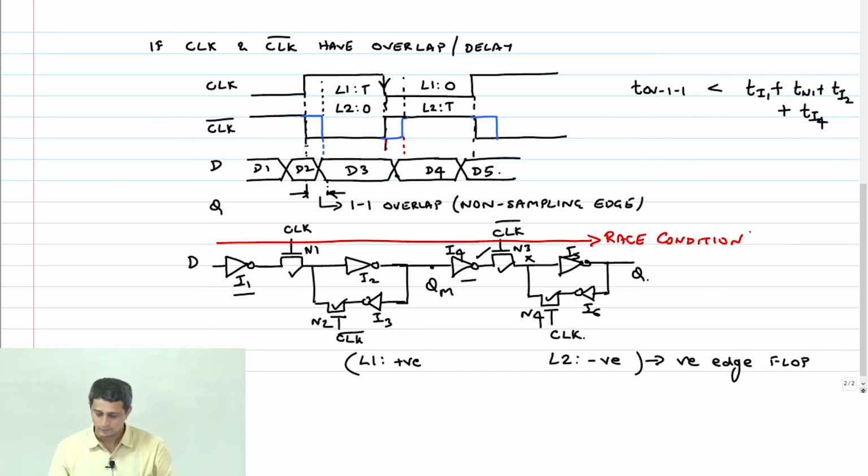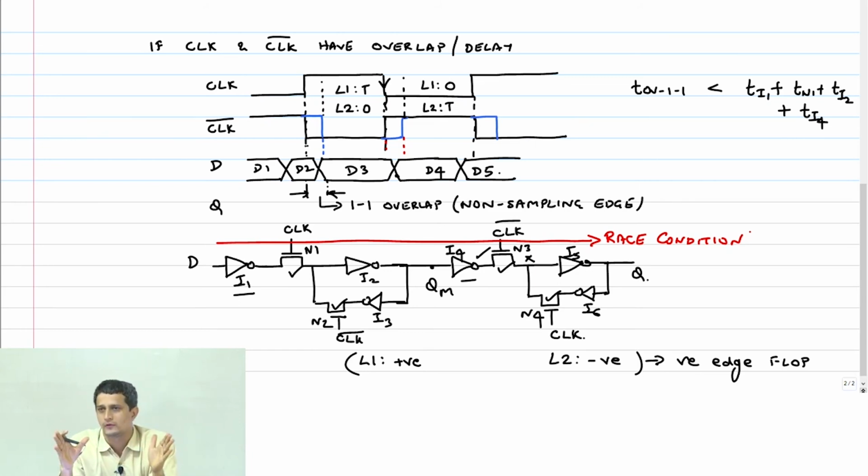Now, what happens in the 0-0 overlap case? Suppose, what happens first of all to the NMOS transistors when there is a 0-0 overlap?